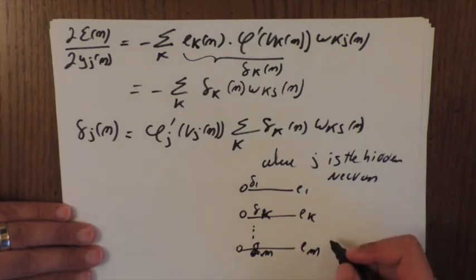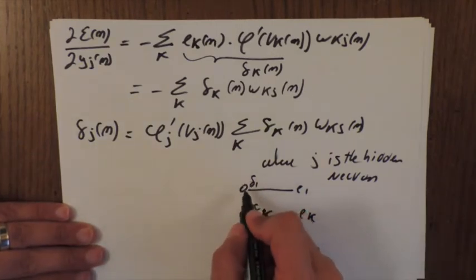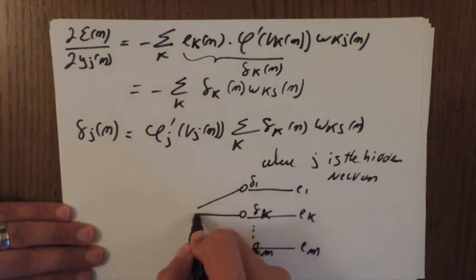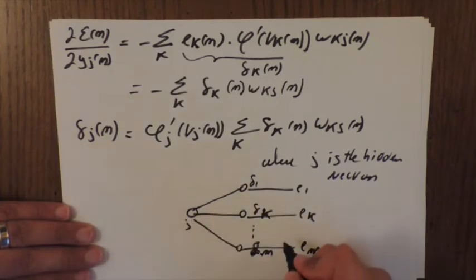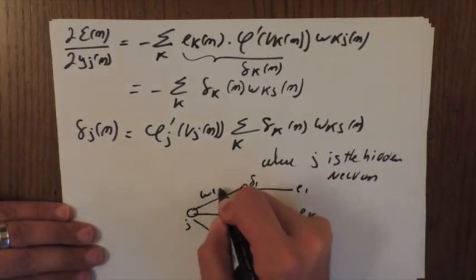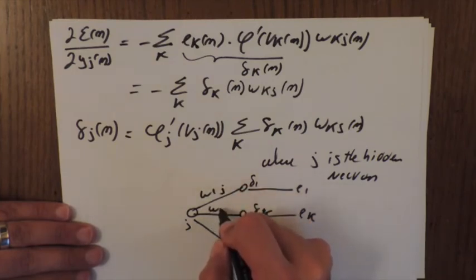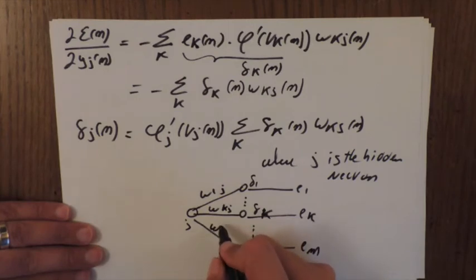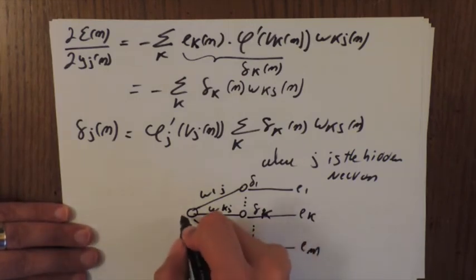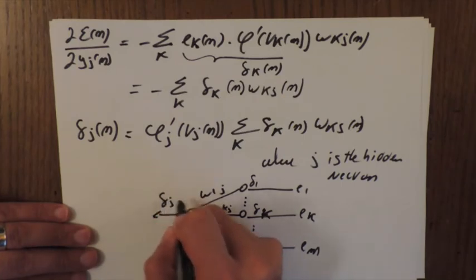So this is at the output layer, and these all will propagate backwards to hidden neuron j. This is hidden neuron j. Okay, and this is w1j, this is wkj, and this is wmj. Okay, and this will generate the local gradient.